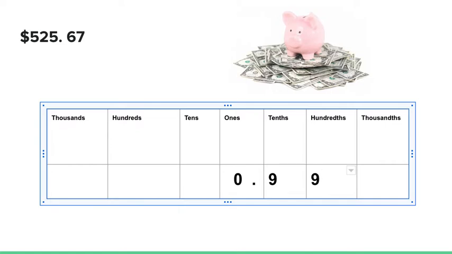You'd end up with 10 hundredths, which means this becomes a 0. We have to add another 1 to this place value, which would take you to 10 tenths. And once again, like I mentioned in the last video, you can't have 2 digits in any place value. This would bring us to 0, which means we'd have to add a 1 here in the ones column.